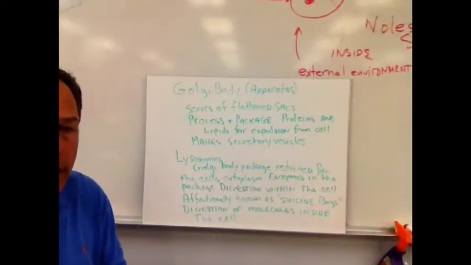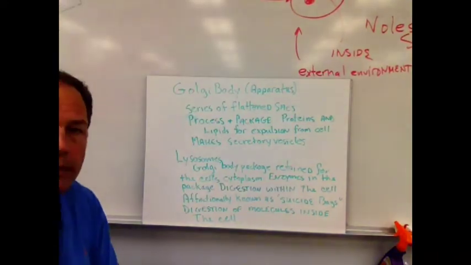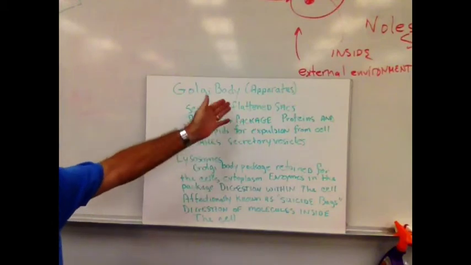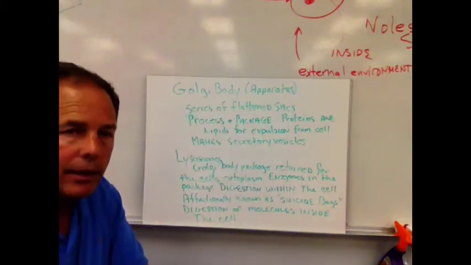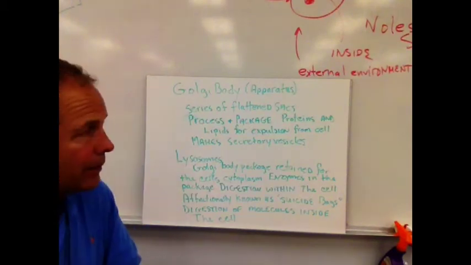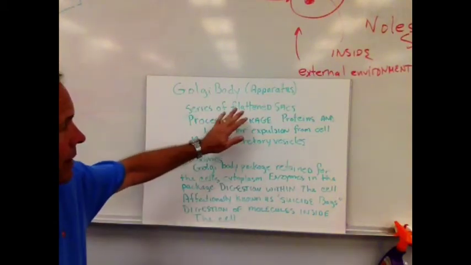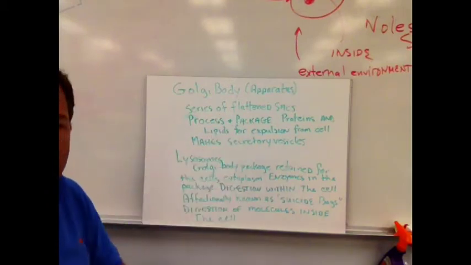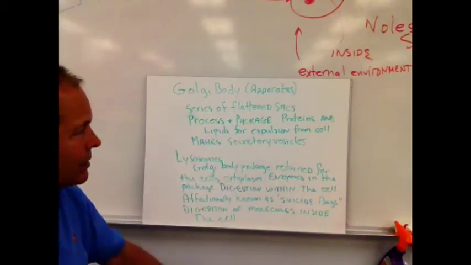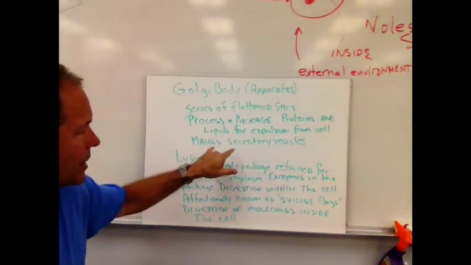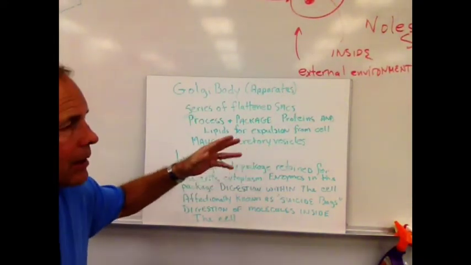Another organelle found in the cytoplasm of the cell would be the Golgi bodies. You may see them called Golgi apparatus. Don't let that confuse you. It's not ambiguous, just two names for it. Like it says, a series of flattened sacs, and their job is to process and package proteins and lipids for expulsion from the cell, and it makes secretory vesicles.